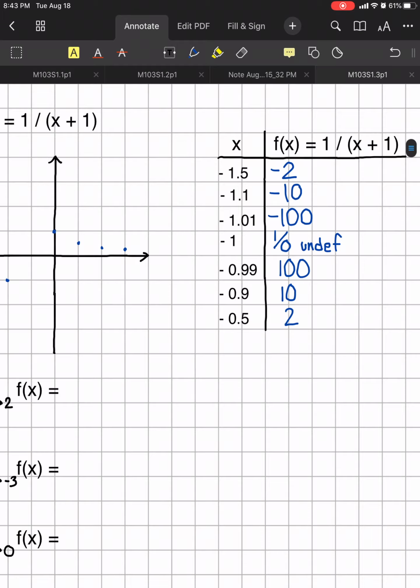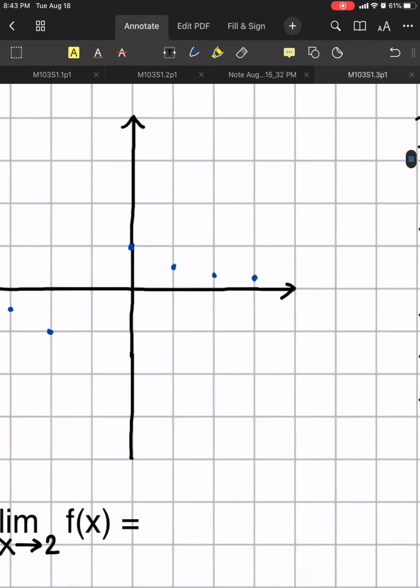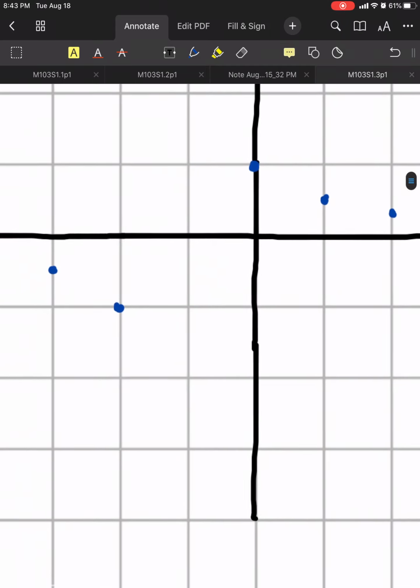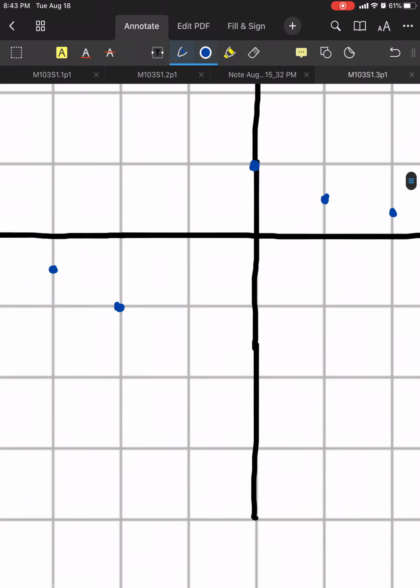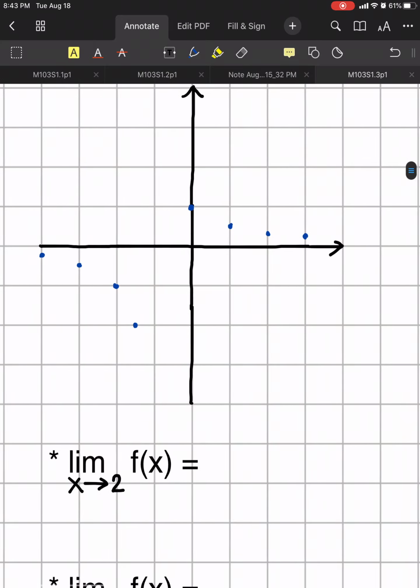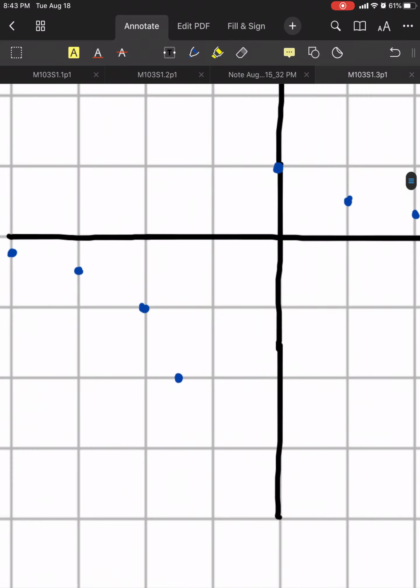The -2, where we're at -1.5, that's not so hard to plot. We could plot that right here. But by the time you get to -1.1, you're already at -10, which is off the graph. So you can see what's happening here. Let's do this in red, sorry.